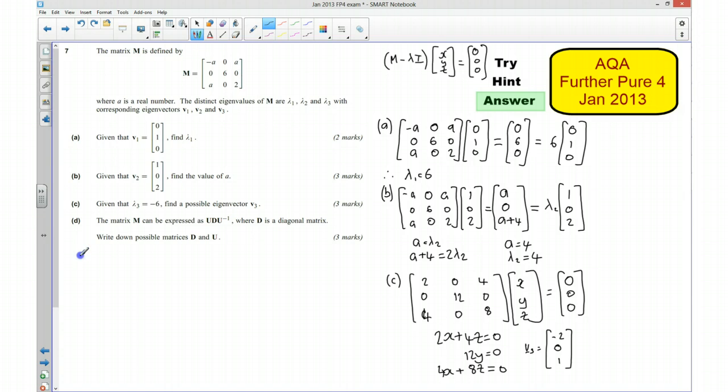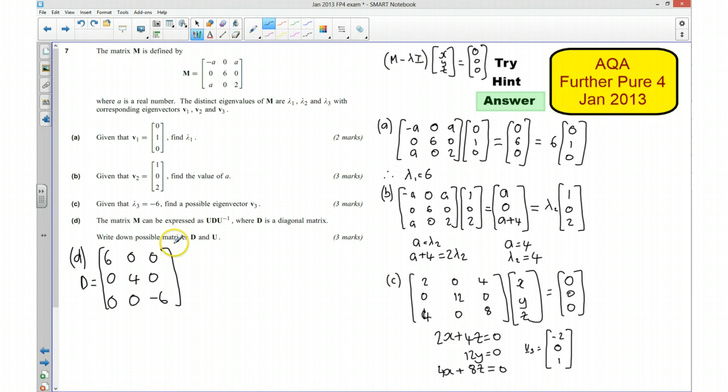For D, if it can be expressed in this form here, we want to find the diagonal matrix D, and we want to find the matrix U. So our diagonal matrix is going to be made up of lambda 1, lambda 2 and lambda 3 along the leading diagonal, so that's going to be 6, 0, 0, 0, 4, 0, and 0, 0, -6. Okay, so that's going to be our diagonal matrix D.